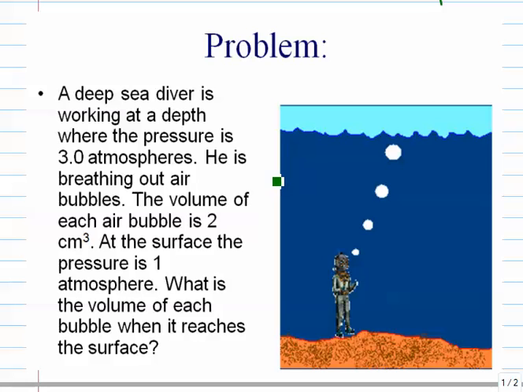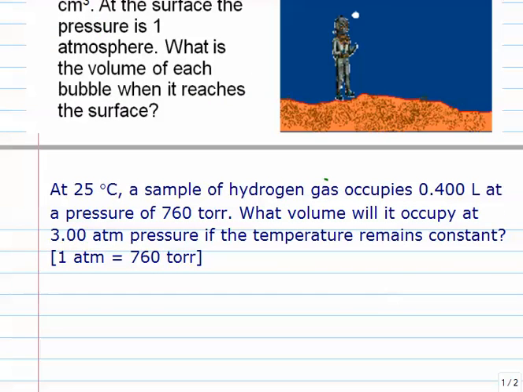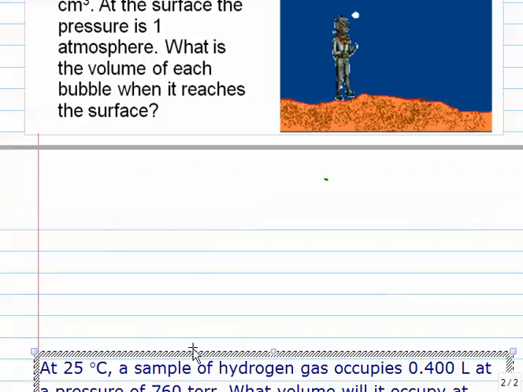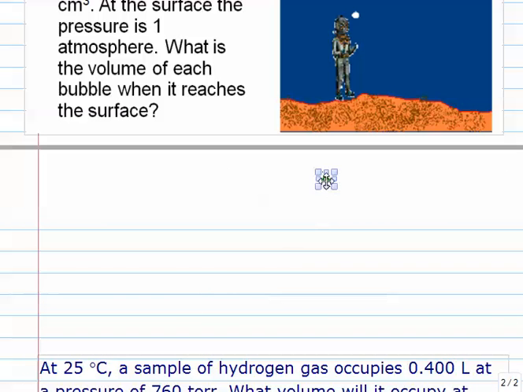If initially each air bubble is 2 cubic centimeters or 2 milliliters in volume at that 3 atmospheres of pressure, when they reach the surface where the pressure is 1 atmosphere, what happens to the volume? It's a fairly simple calculation, and this is what we call an initial and final condition.